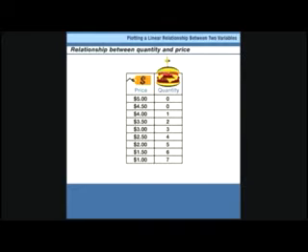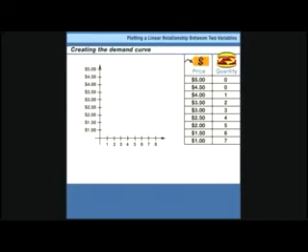Let's now represent this relationship between two variables, price and quantity, in a graph. First thing that I'll do is I will draw two axes and calibrate them. Here are my axes for this particular problem. The two variables that I'm interested in analyzing are the price of hamburgers and the quantity of hamburgers consumed per week.